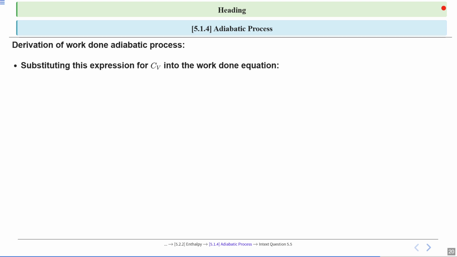What can we do? We can substitute the value of Cv in the work done. So we got it as R by gamma minus 1. We substitute it here. What was the previous formula? It was n Cv delta T. Now n R delta T will be equal to P2 V2 minus P1 V1.